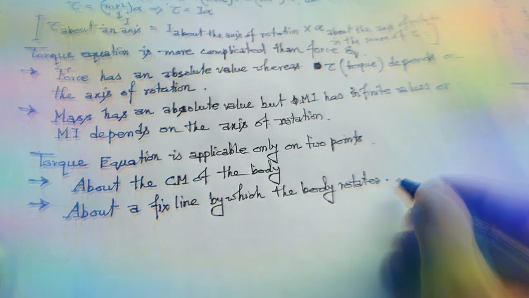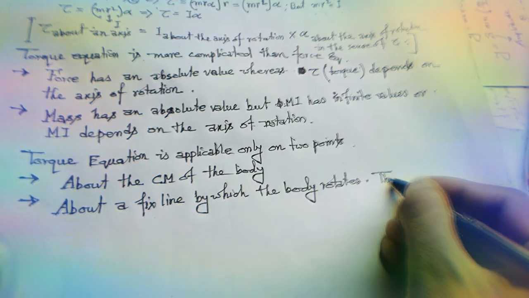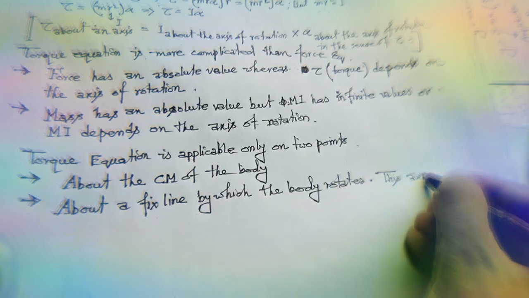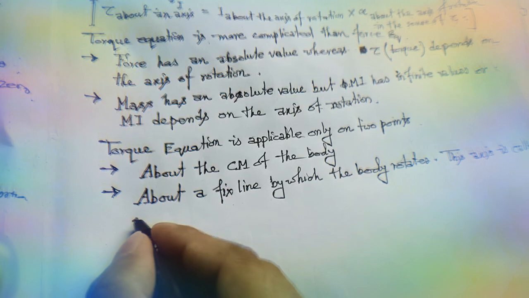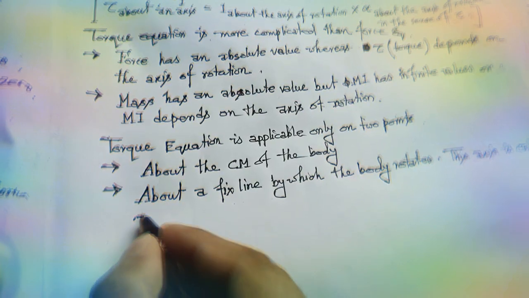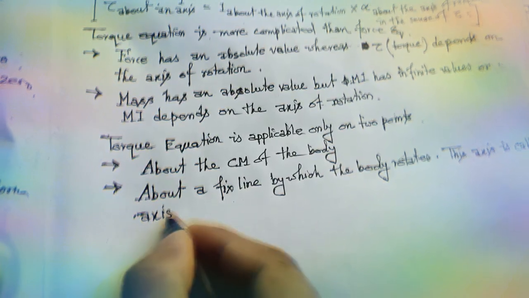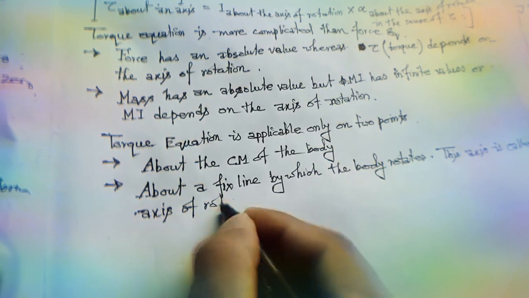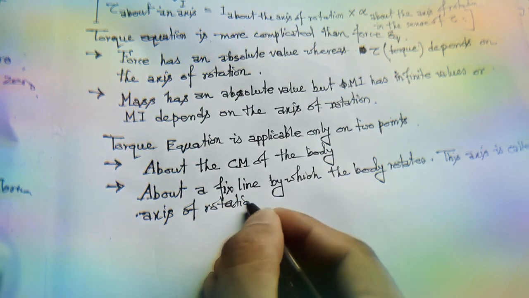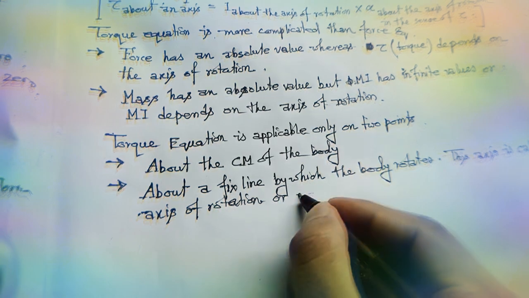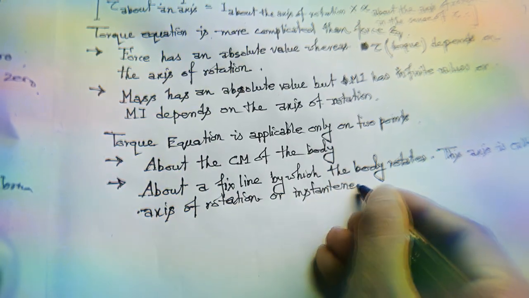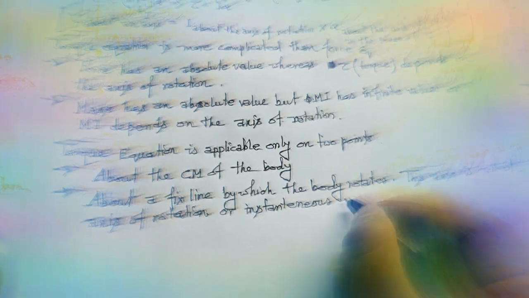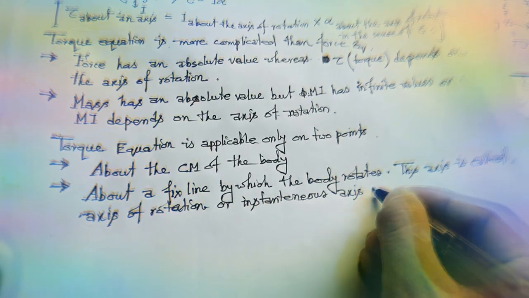This axis is called the axis of rotation, or instantaneous axis of rotation.